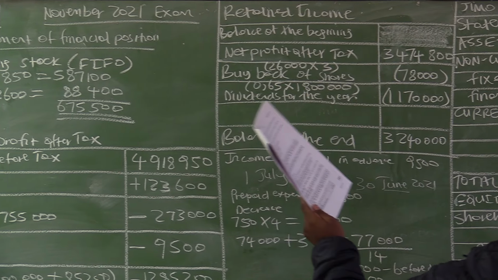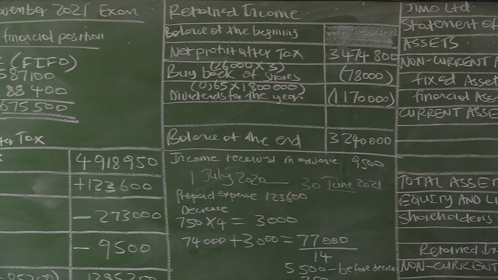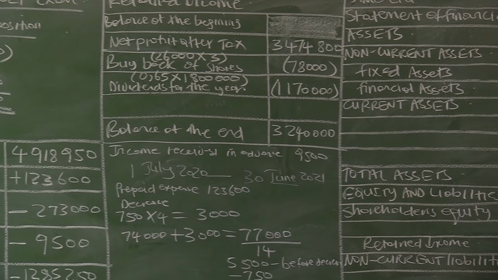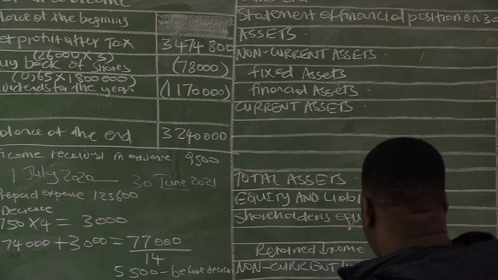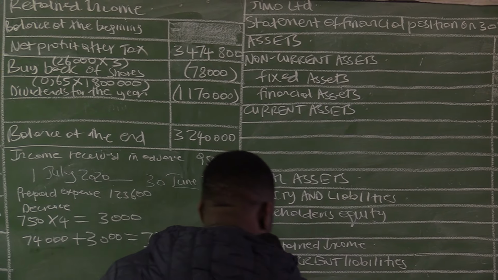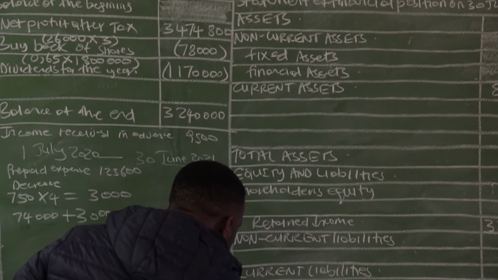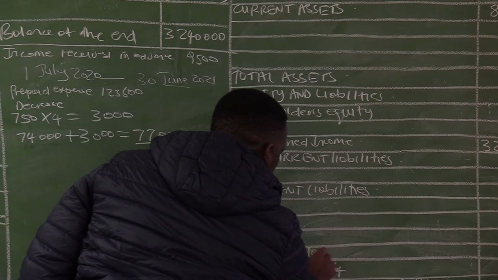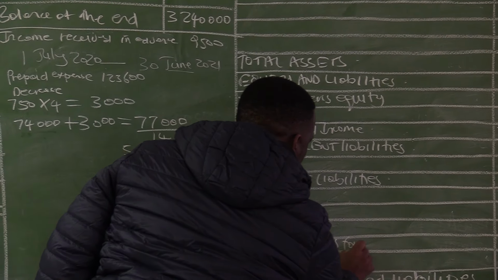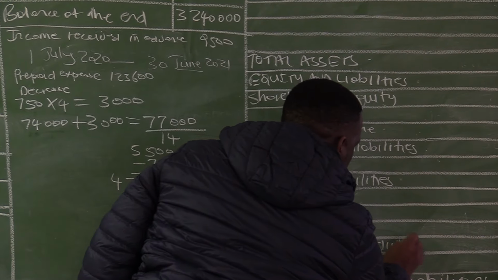And this final dividend, we know that the final dividend is declared in the current year and paid in the following accounting period. So the final dividend will also be part of the current liabilities. It is called shareholders for dividends. So let's just record it here before we forget. Shareholders for dividends.